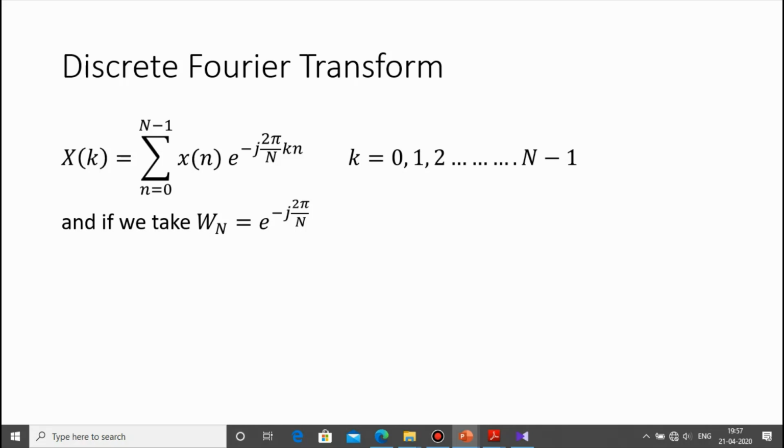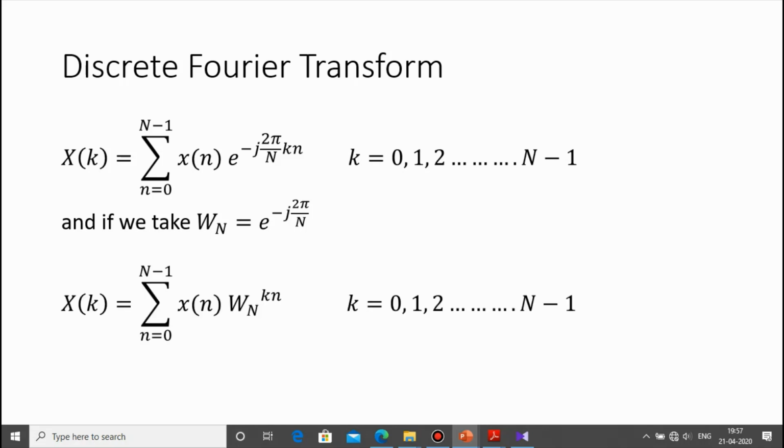Using the twiddle factor, we can write the equation of DFT as X[k] equals summation n equal to 0 to N minus 1 x[n] WN to the power kn, and again k is equal to 0 to N minus 1.